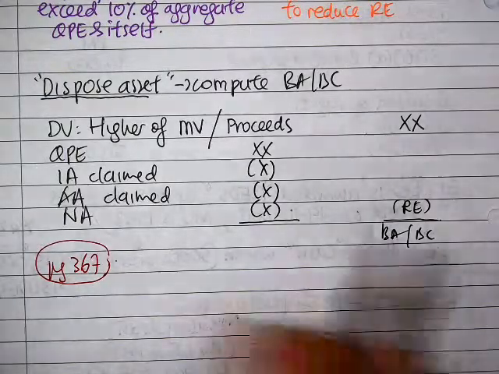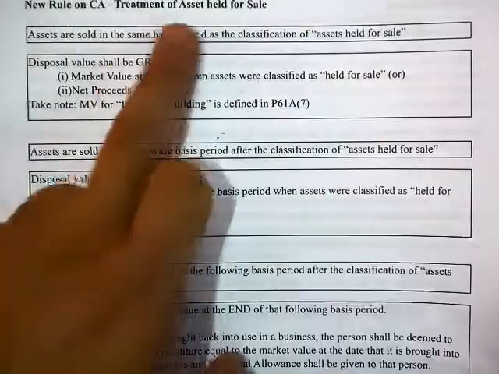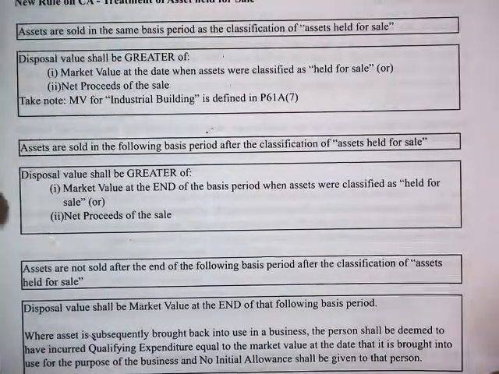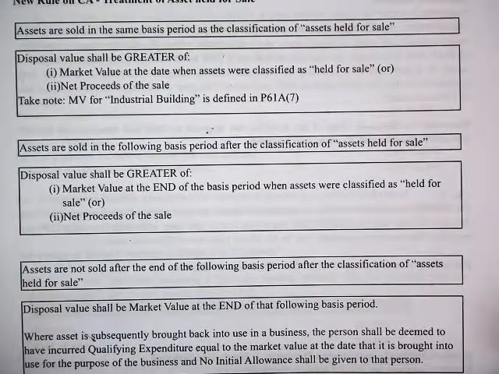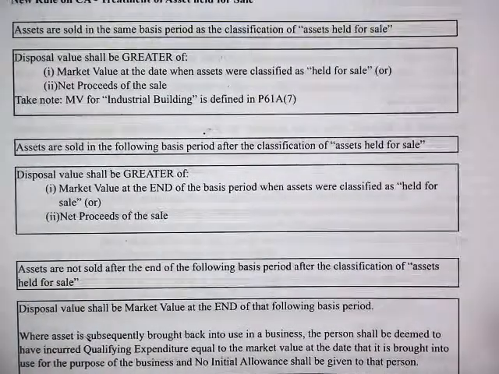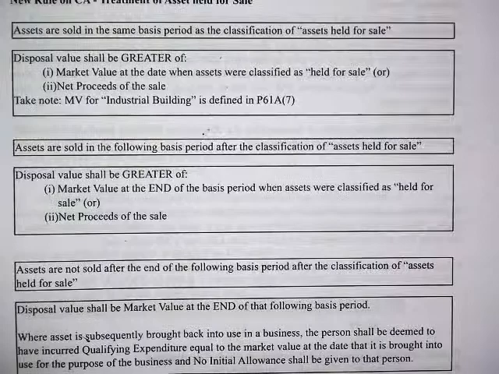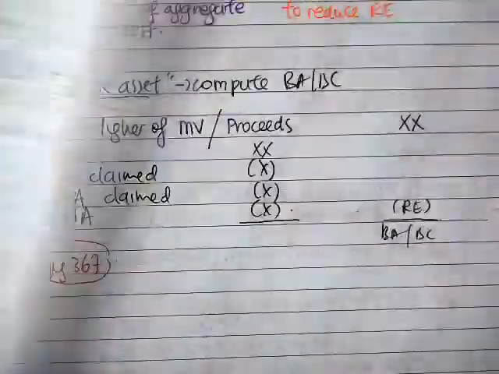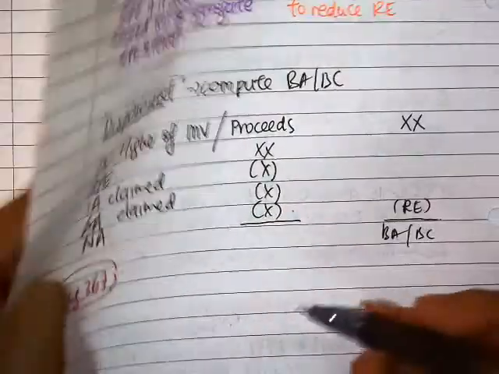Now we're going to see the issue about asset held for sale, which is actually an accounting treatment. In the accounting standard now you can classify those assets that you want to sell very soon as asset held for sale. So to be consistent with the accounting treatment, they changed the law.